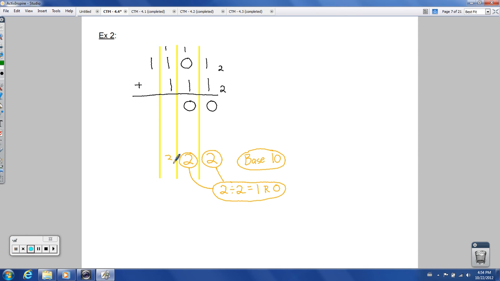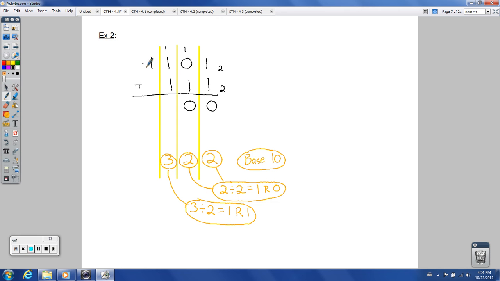Base 10, that's 3. So this one, how many groups of 2 go into 3? 3 divided by 2 is 1, with a remainder now of 1 instead of 0. There's 1 left over. And so what do I write down up here? I would have 3 divided by 2. We got 1 remainder of 1, so a 1 goes here, and I put a 1 there.